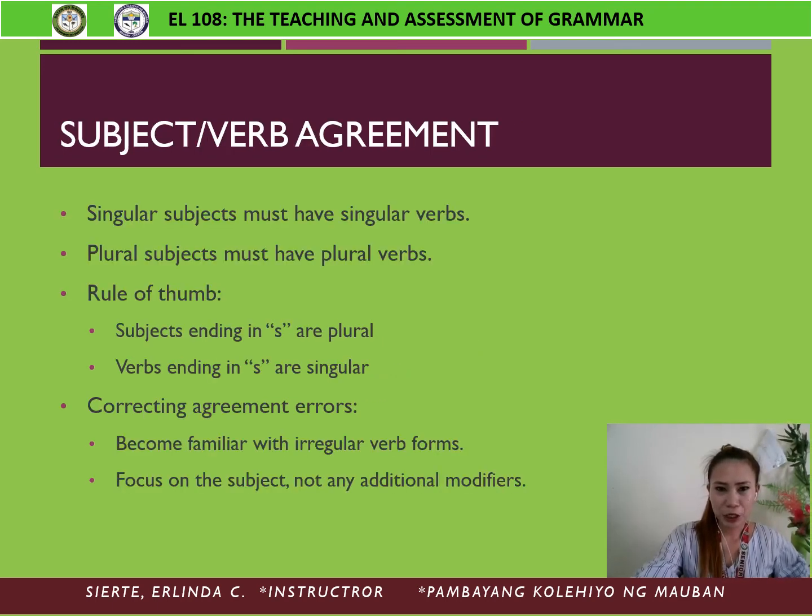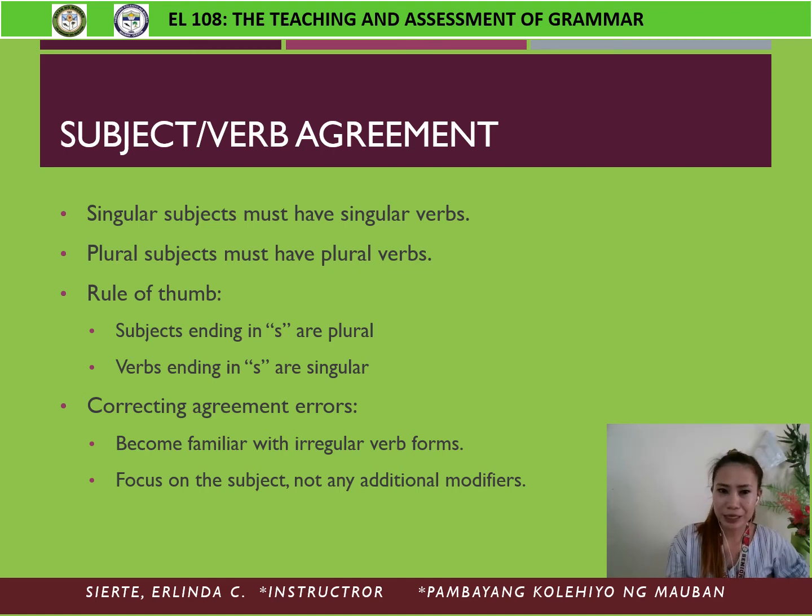Now let's proceed with the subject and verb agreement. Well, singular subjects must have singular verbs. Plural subjects must also have plural verbs. Rule of thumb: subjects ending in S are plural, and verbs ending in S are singular.